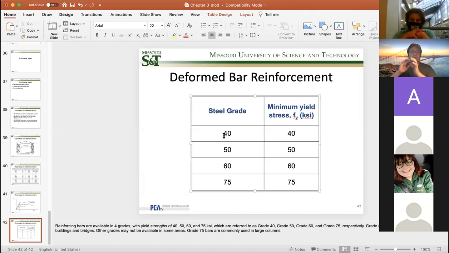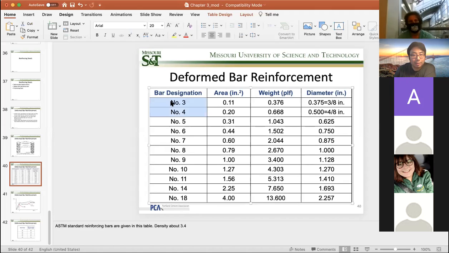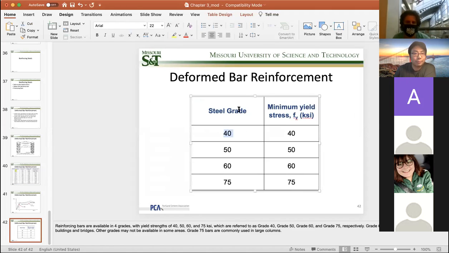Normally for the stirrups, the hoops, for some shear resistance, for the tiny size stirrups where we cannot have large diameters, we can only use number 3 or number 4 bars. If we use number 3 and number 4 bars, we will normally pick grade 40.